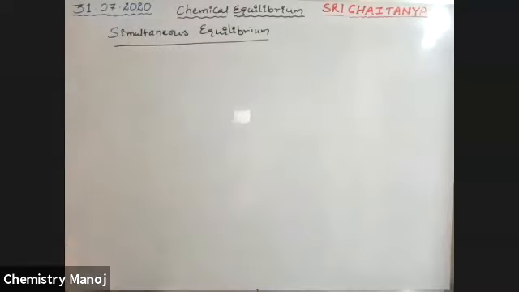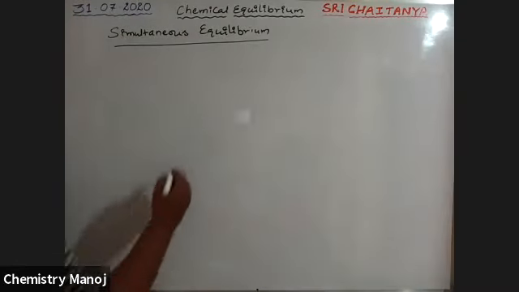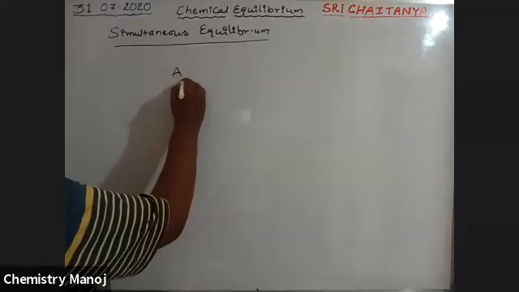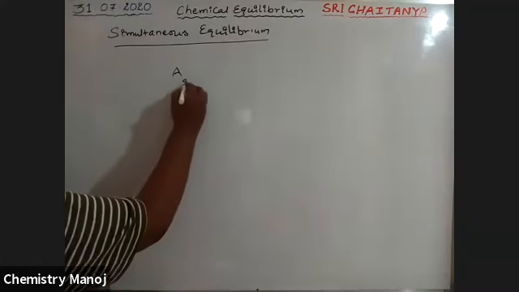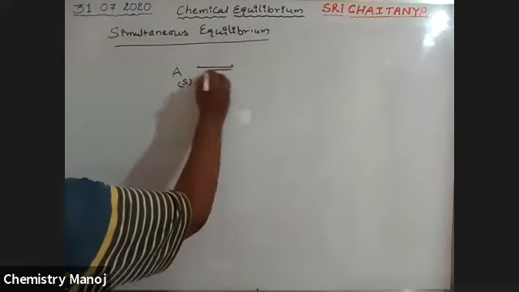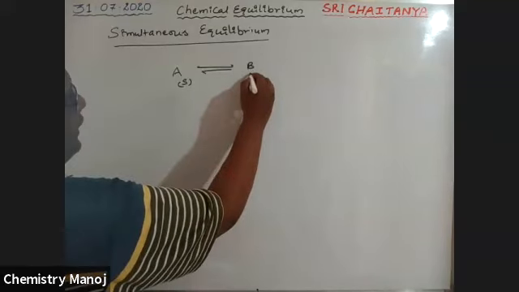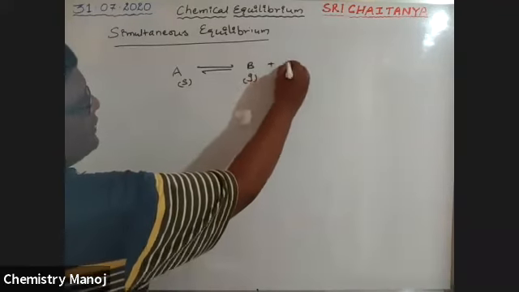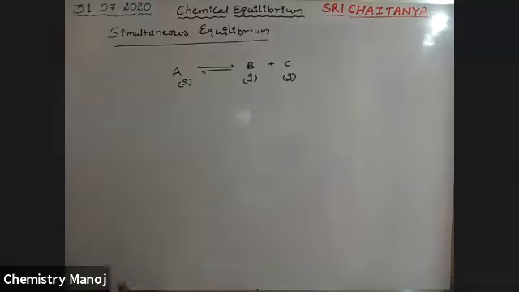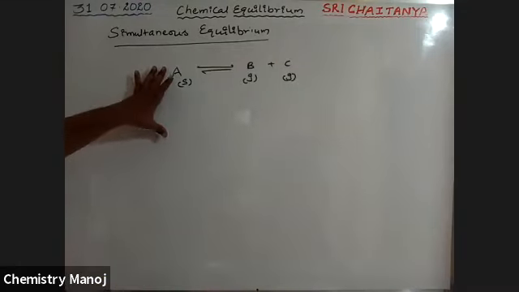See here, simultaneous equilibrium. Let us take an example. A, which is a solid, my dear boys, is in equilibrium with B, which is a gas, plus C, which is also a gas. This is in one reaction vessel.